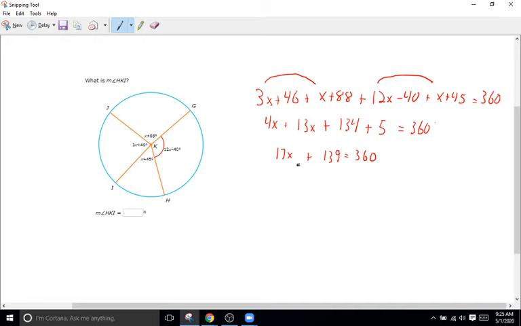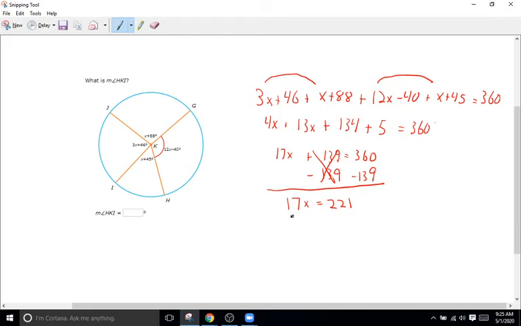Okay, now to get the x by itself, we'll start by getting rid of the 139. So we'll subtract 139 from both sides. We'll have 17x equals 360 minus 139, which is going to be 221.